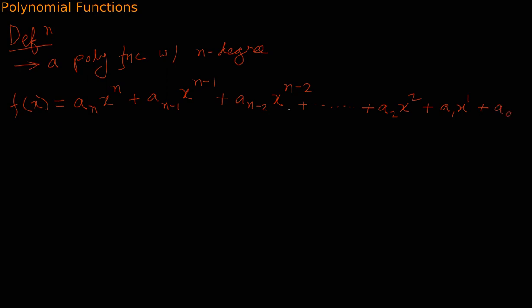So this is basically a general form of any polynomial function. Okay, now as an example, if I want to write an example of a polynomial function, something like that.